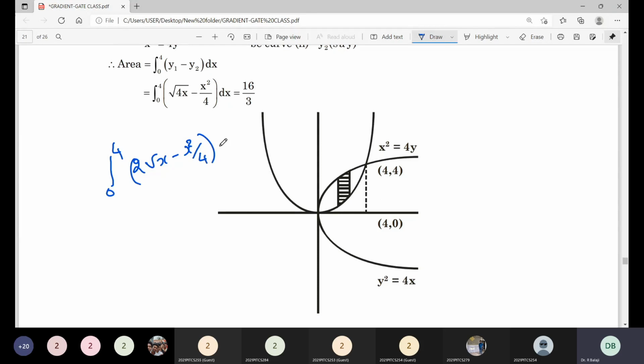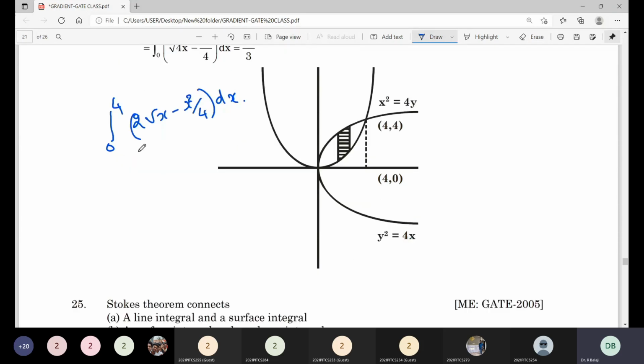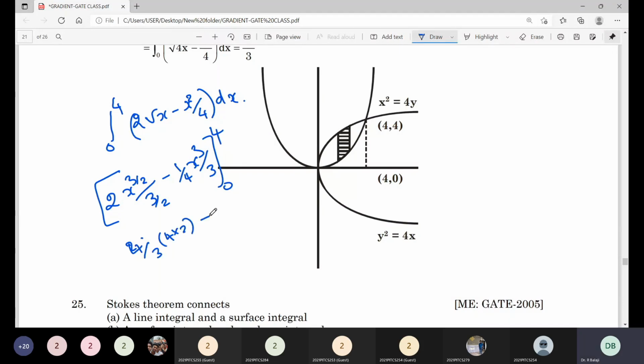Now we integrate with respect to x and substitute the upper limit and lower limit. That is 2 into x power 3 by 2 divided by 3 by 2, minus 1 by 4 into x cube by 3, limits 0 to 4. That is 4 by 3 into 4 into 2 minus 1 by 4 into 4 cube by 3.